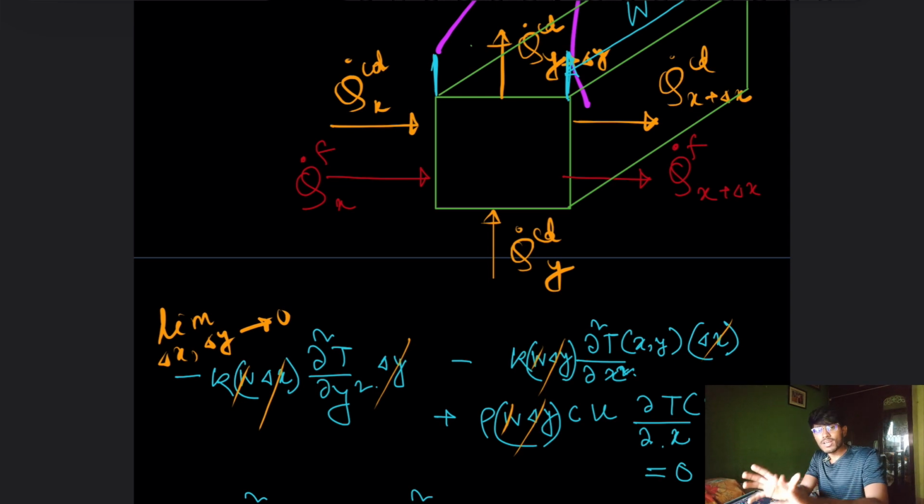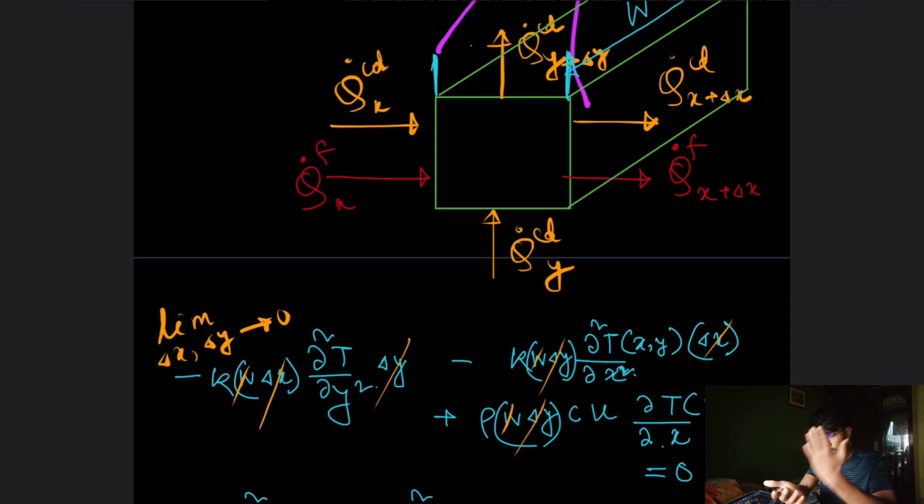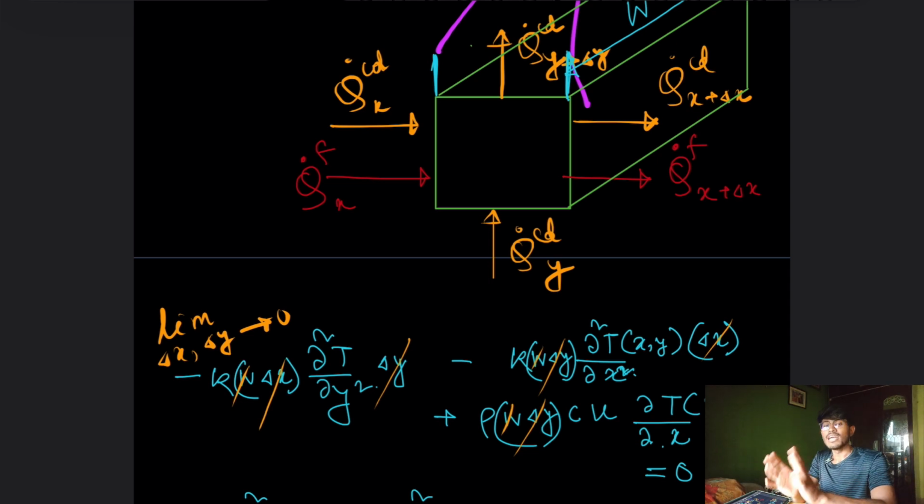That is why I always tell everyone that please don't try to mug up any problem. If you want to mug up something, then mug up the concept, that I have to do energy balance. In most heat transfer problems I have to do energy balance, not only in conduction, but also when you study convection and radiation.